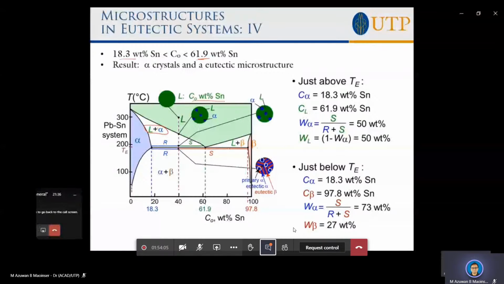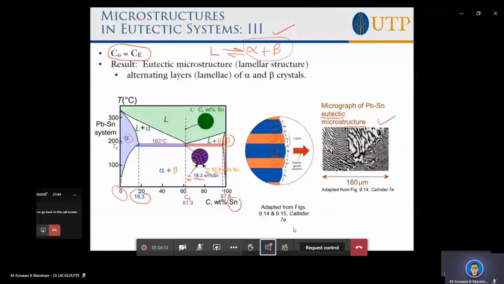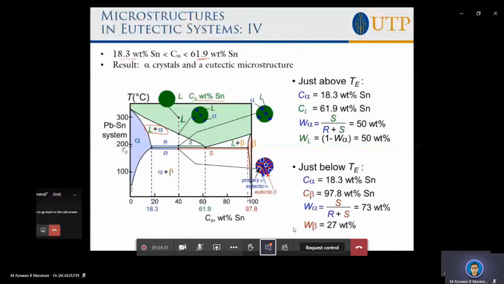Once you cross the eutectic temperature, whatever liquid that you have will turn into eutectic. So the alternating structure will only form if you change liquid into this. Only liquid will change into eutectic. You cannot change alpha into eutectic. It's only liquid.